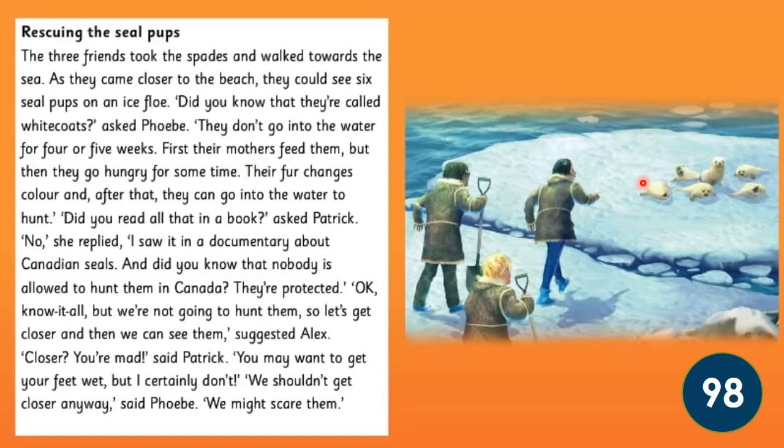So they stay on the ice for 4 or 5 weeks, and their mothers feed them until they can hunt on their own to feed themselves. Okay, so we have Alex here asking where did Phoebe read all of that, or how does she know all of that?